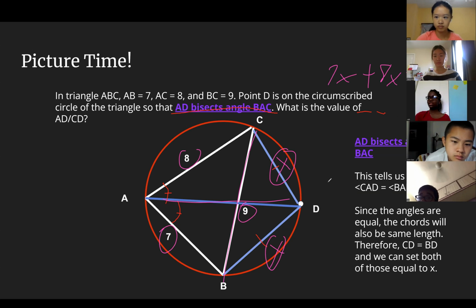And then you would add like terms, 15x equals 9 times AD, and divide 9 on both sides, and that would be 5/3 x equals AD. And so 5/3 equals AD divided by CD, and that's your answer.